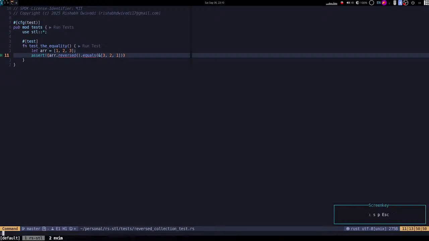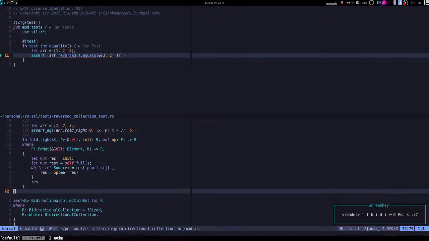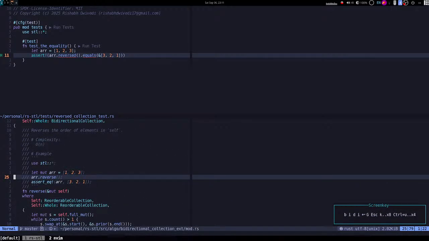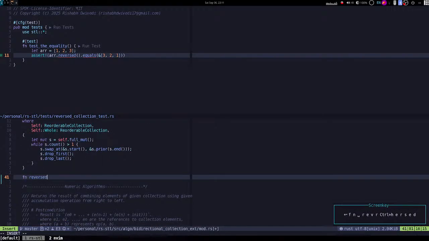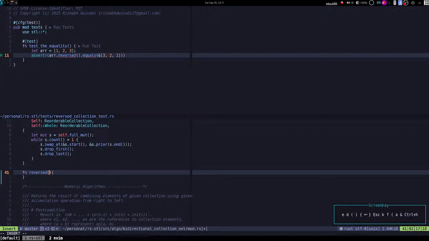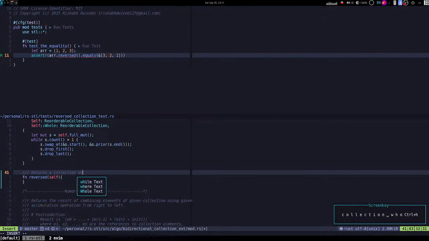Let's see. Okay, we do not have a reverse method for the collection right now, so let me do that by bidirectional collection extension. And what you do is fn reversed, right? Returns a collection whose elements are in reverse.